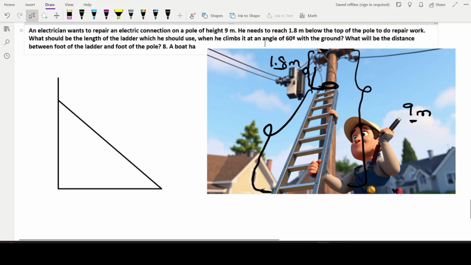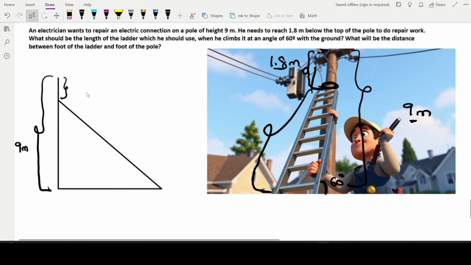He climbs it at an angle of 60 degrees. So he is climbing at an angle of 60 degrees with the ground. What will be the distance between the foot of the ladder and foot of the pole? In a second, he's asking us to find the distance between foot of the tower and foot of the ladder. So this complete length will be 9 meter.